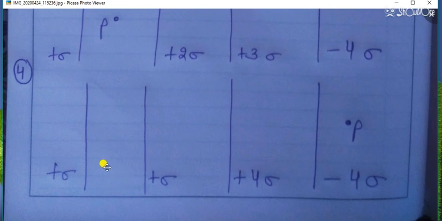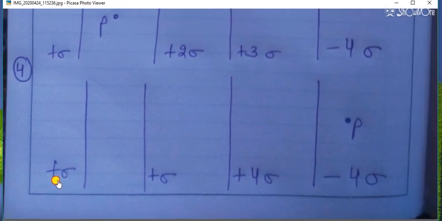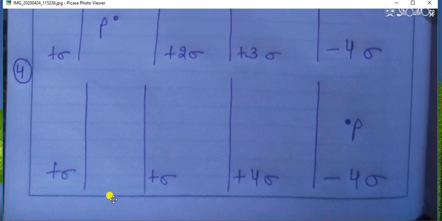So for the last question, point P is here. Due to this positive charge sheet, the electric field will be in this direction and its magnitude is sigma by epsilon naught.